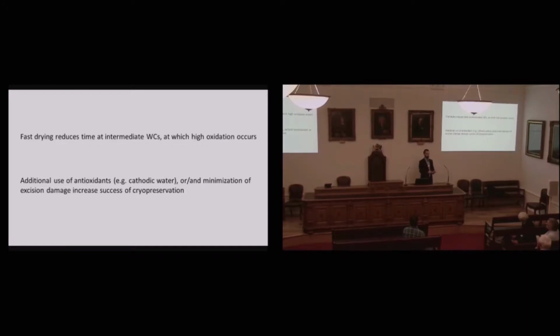So there are a lot of parameters. In the case of zygotic axes, it also depends on whether your excision is really close to the shoot tip, or if you allow a little bit of cotyledon around as a protective area. So there is a lot of work trying to reduce this oxidative damage, because we know that it is one of the mechanisms of cryoprotection.